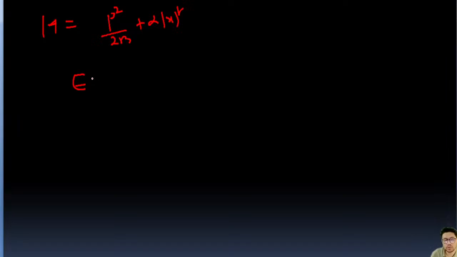Okay, so for that there is a trick. If the Hamiltonian is like this, we just check x to the power something. Mod x is x to the power positive.